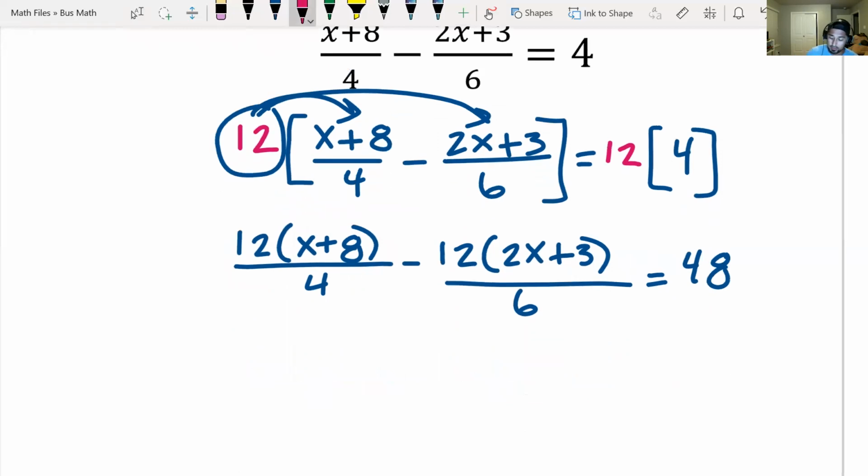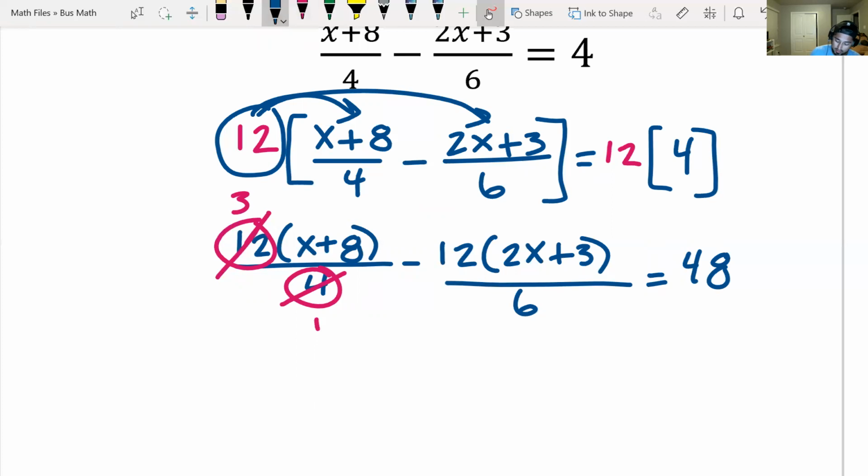Next, we're going to do some reducing. 12 over 4 is the first fraction we can get rid of. 12 over 4 is just 3. So this becomes a 3, and that becomes a 1.